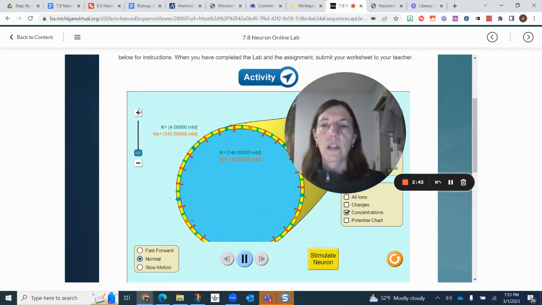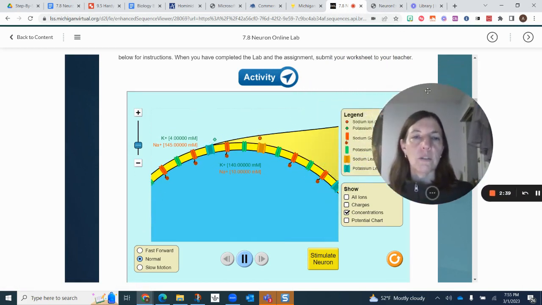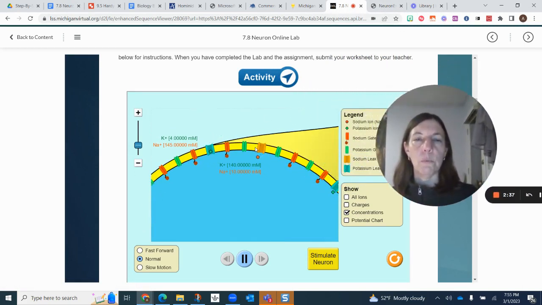It's at normal. And now we're going to come in really, really close and see what's actually happening. So notice how the red sodium is coming into the cell, and notice how the green ions, potassium, the K, is going out of the cell.